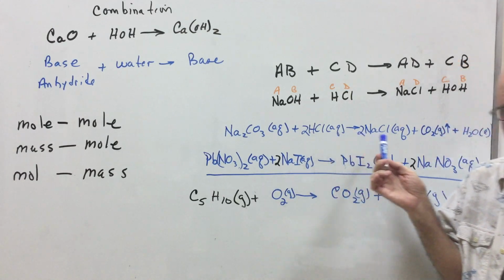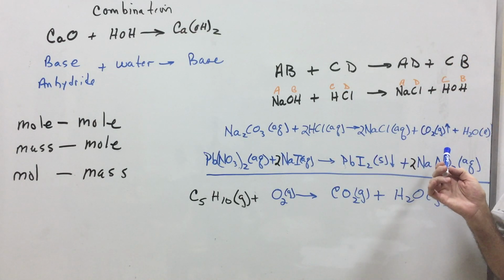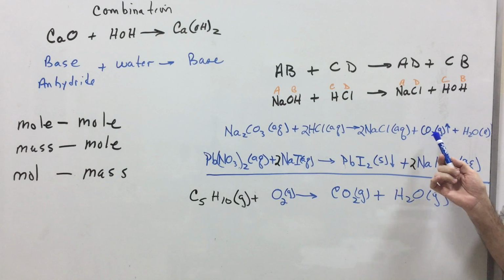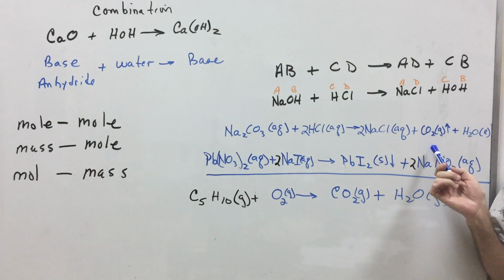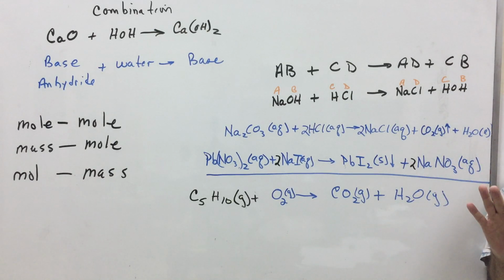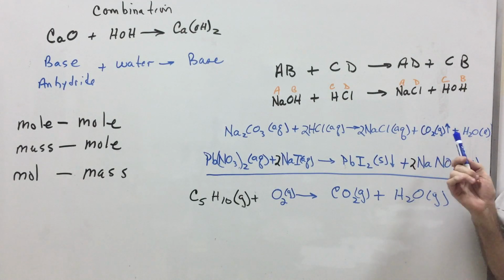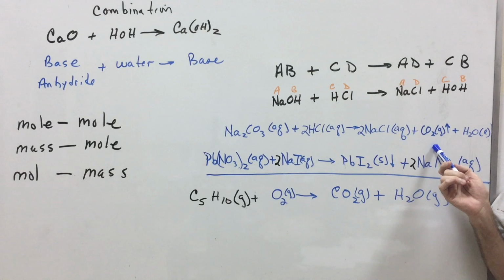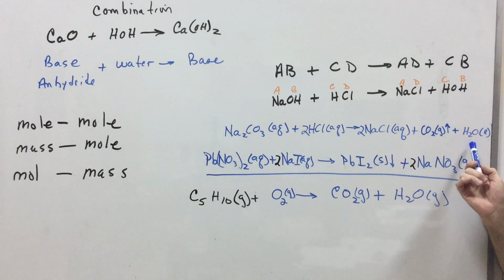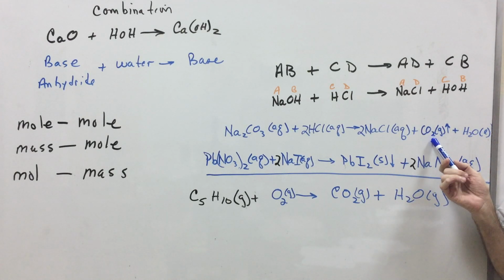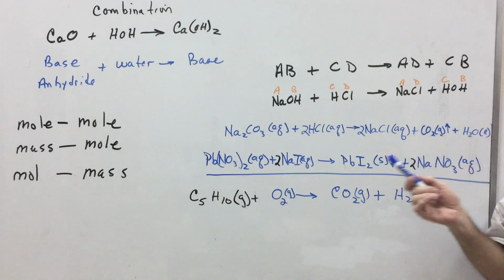The products, you need to either evolve a gas. This is most of the time. You have to either evolve a gas, you have to take something out of the solution. You have to produce something molecular. Clear?